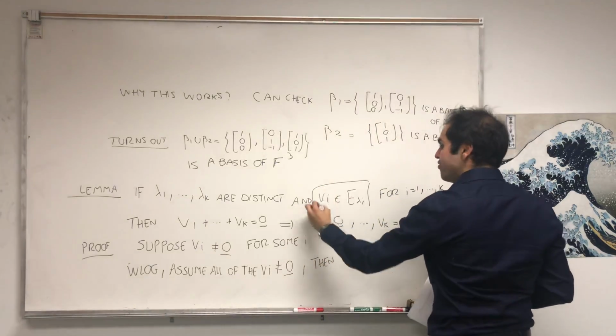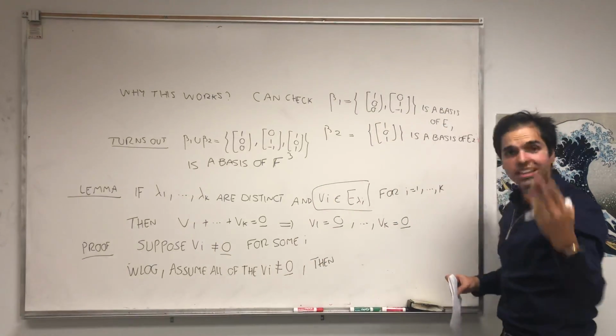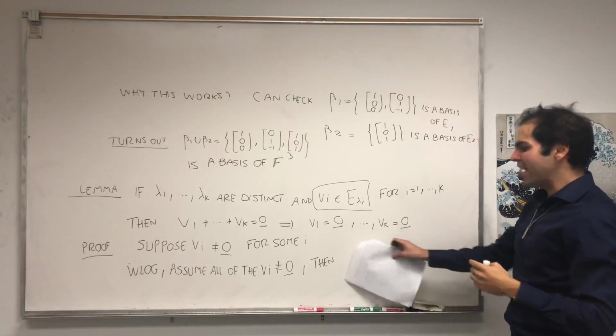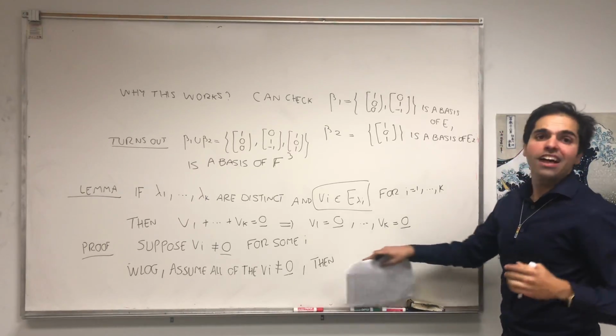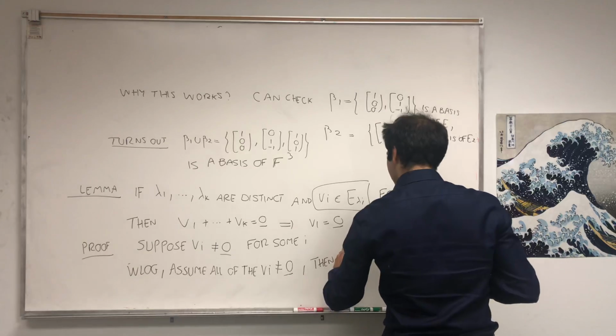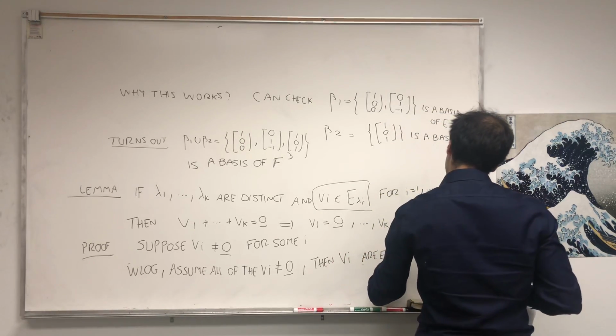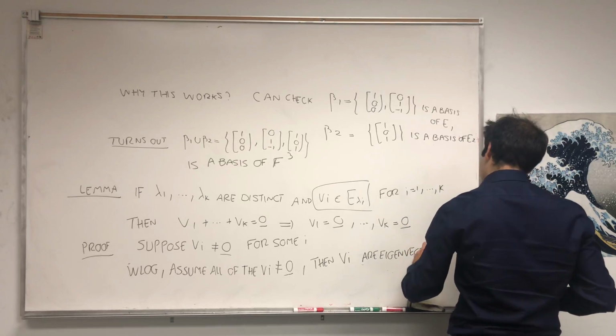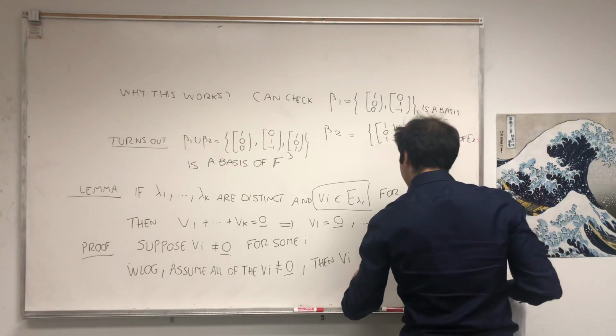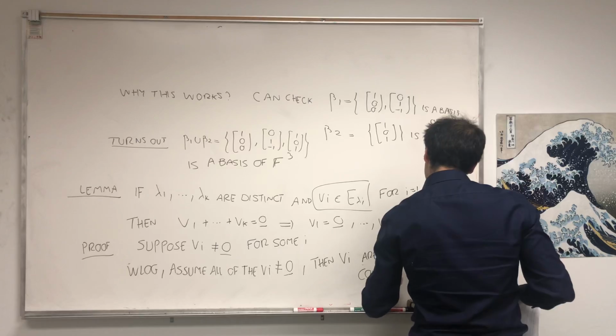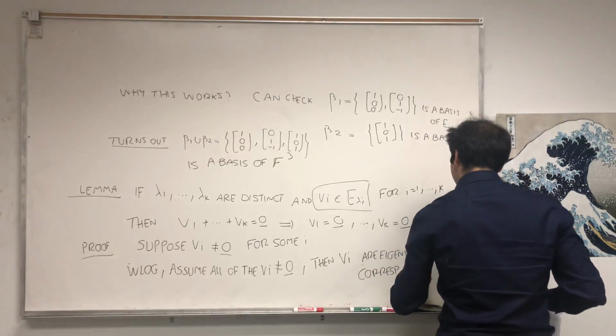Because Vi is in that eigenspace and it's non-zero, we know that the Vi are eigenvectors corresponding to lambda i.